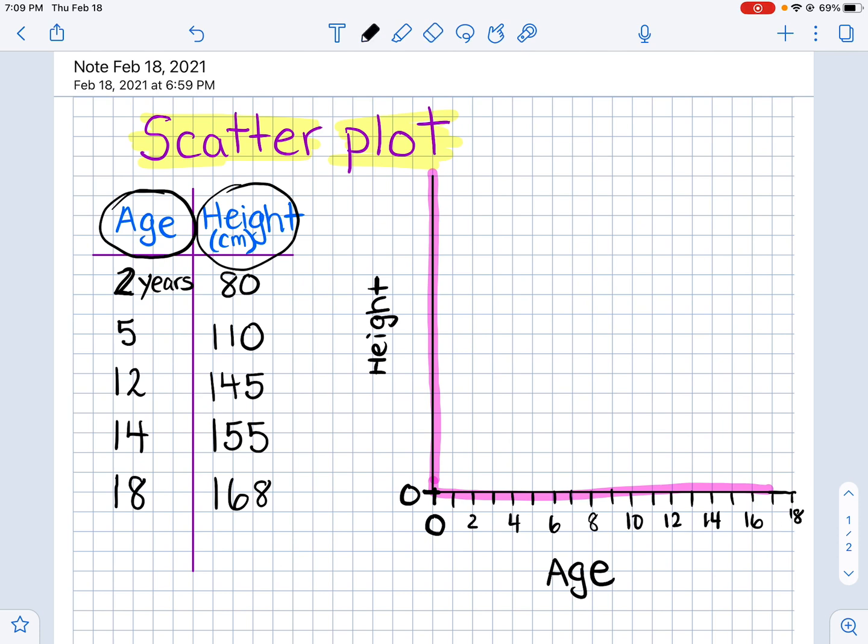Okay, and then for height, I have to go from 80 all the way to 168. So maybe I'll go up by 10s. 10, 20, 30, 40, 50, 60, 70, 80, 90, 100, 110, 120, 130, 140, 150, 160, and I'll just put 170.